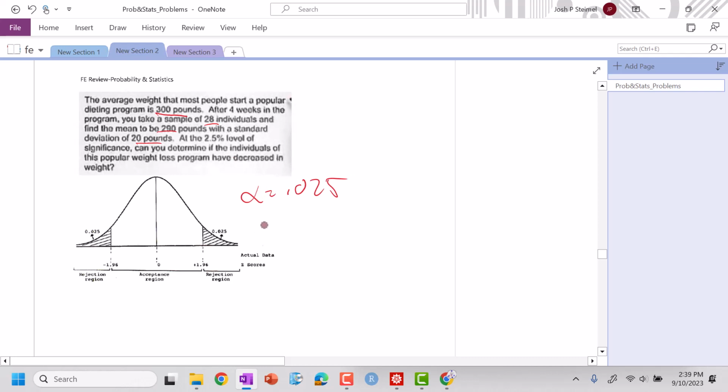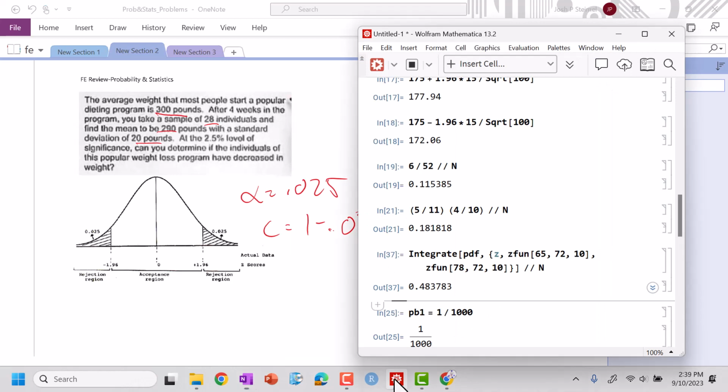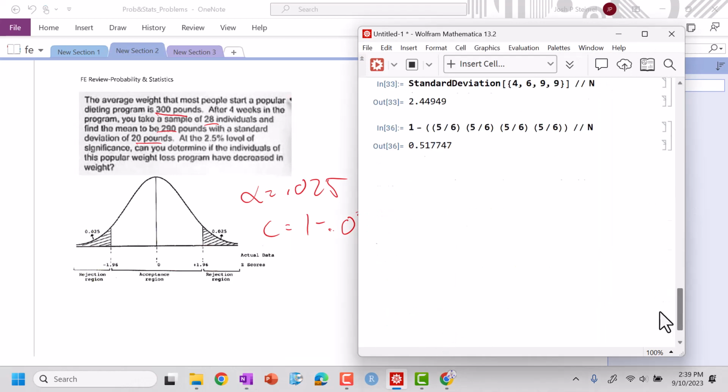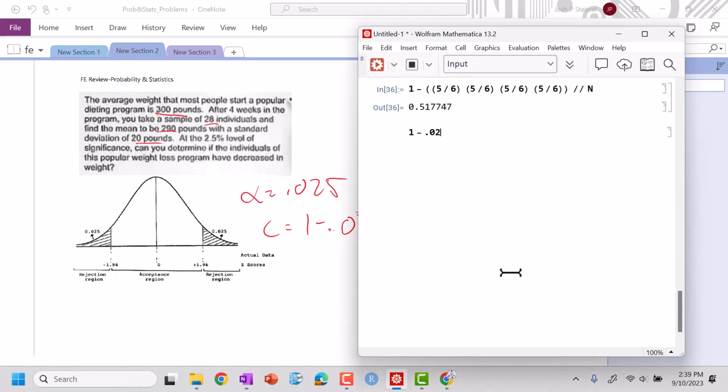So if we're looking at our confidence level, it is equal to 1 minus 0.025. I need a calculator. 1 minus 0.025, 97.5%.